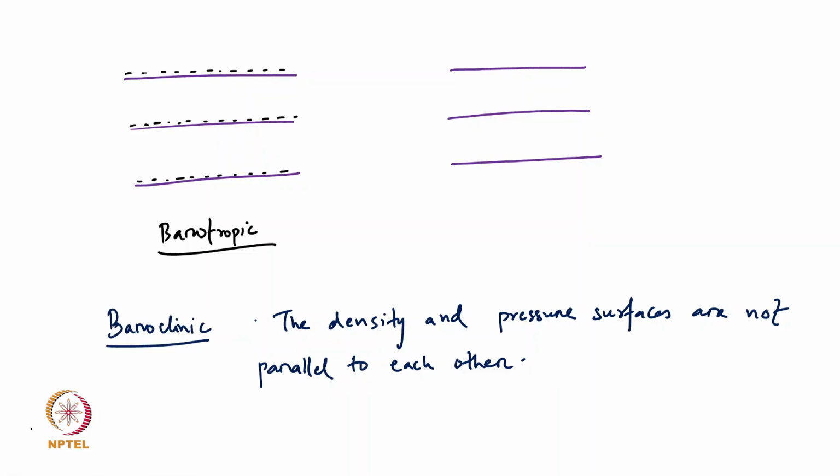It's not barotropic. The situation is something like this. If we have the constant density lines and the constant pressure lines, we'll have to draw these lines not parallel to each other. They will be at an angle, and this gives rise to a net torque.